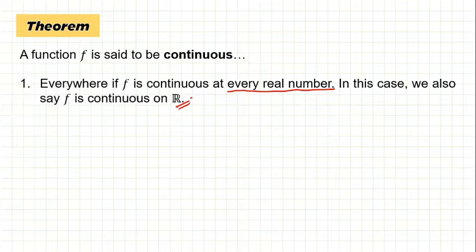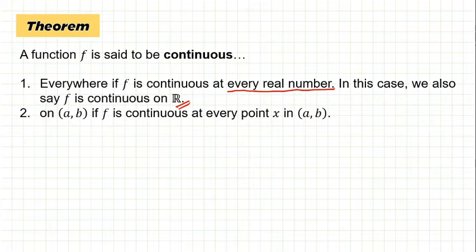Okay, next. The function is continuous on the open interval a, b if f is continuous at every point x in a, b. So in that case, dapat machi-check mo lahat ng point inside the open interval AB. So if this is your A and B, open siya.